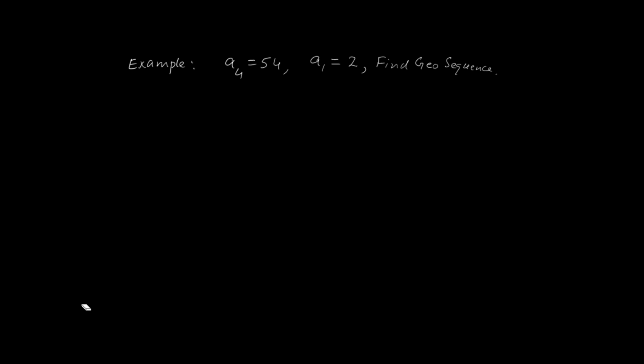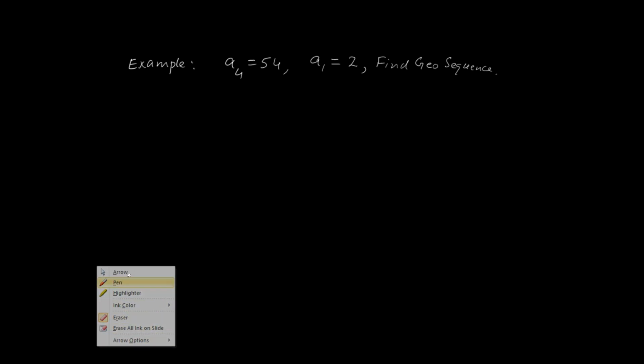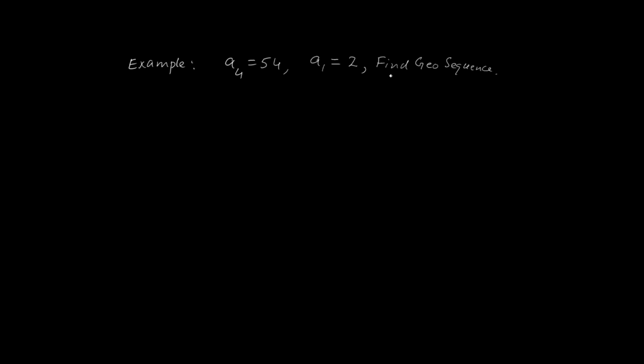We are taking an example: find the geometric sequence if the fourth term is 54 and the first term is 2. Now I am taking the recursion formula, an is equal to an minus 1 multiply r.